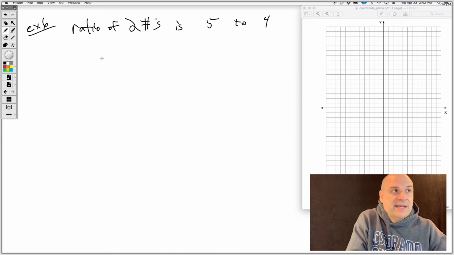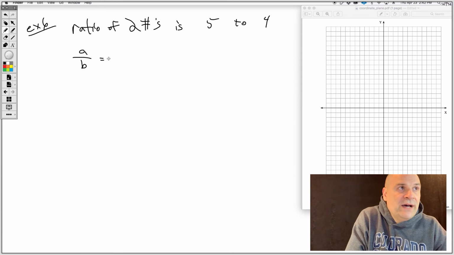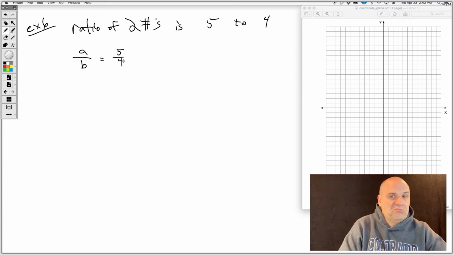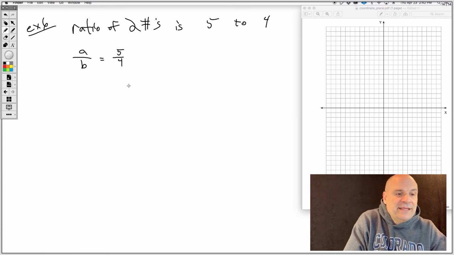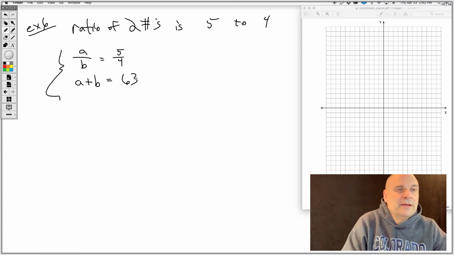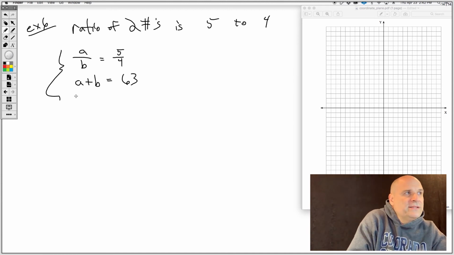Okay, so we could say this. The ratio of two numbers is 5 to 4. Is that weird? Let's go with that, okay? But then the sum of the two numbers is 63. All right, well, let's see if we can simplify this. You know what? The cross products are equal.